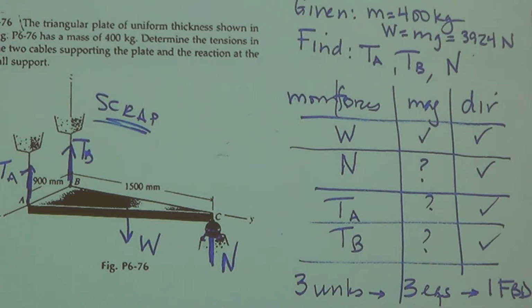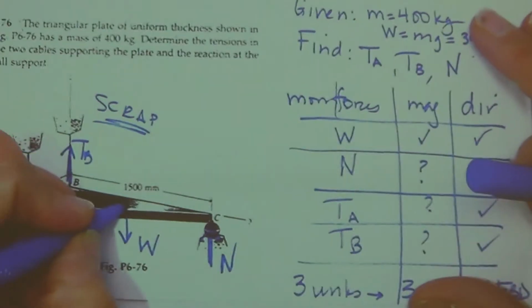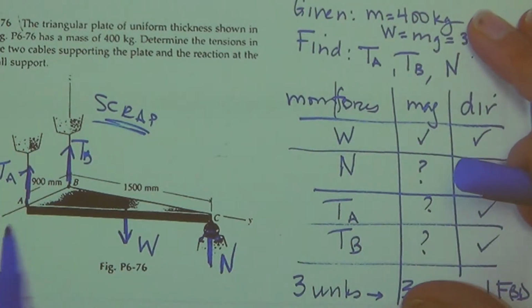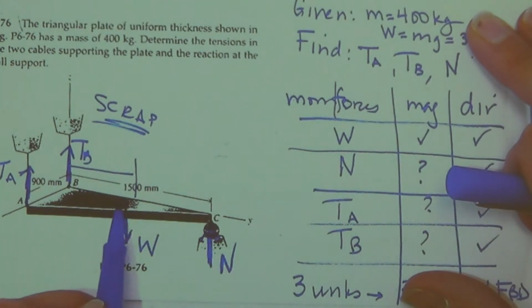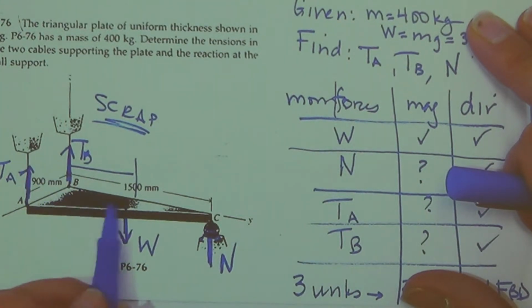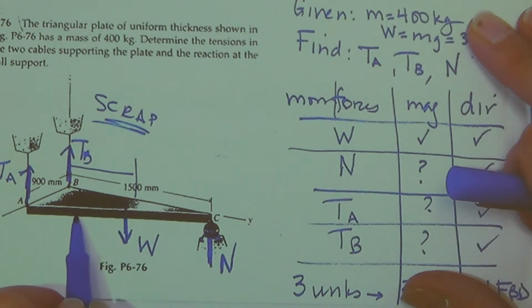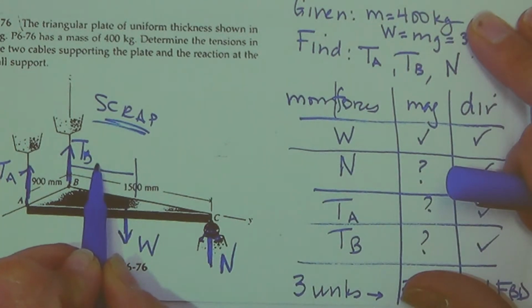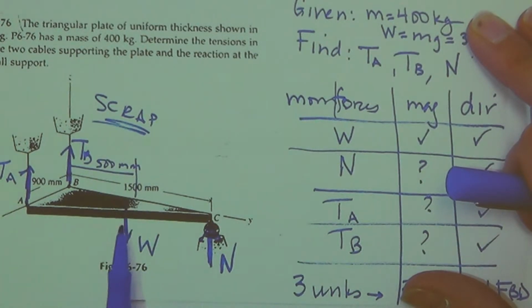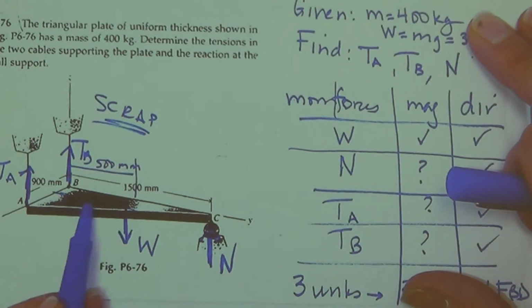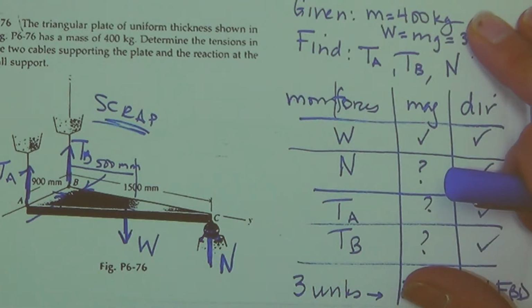Maria, what's the location of that weight? From the x-axis, what's the distance? So it's at 1/3. 1/3, so it would be 1,500 divided by 3, 500. And how about in the y? What's the distance?